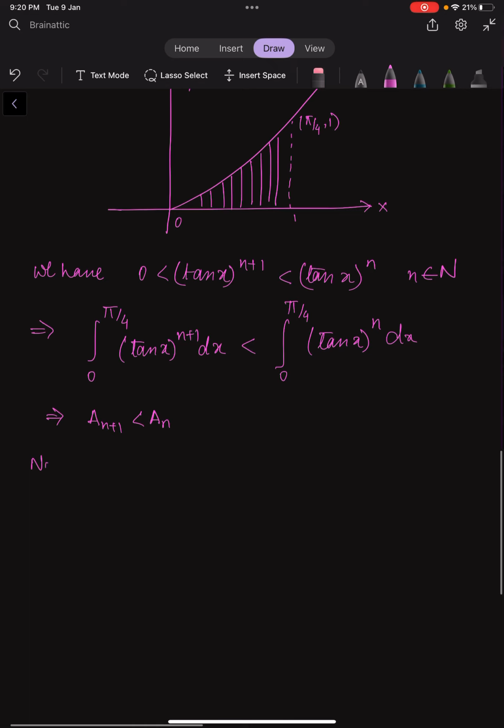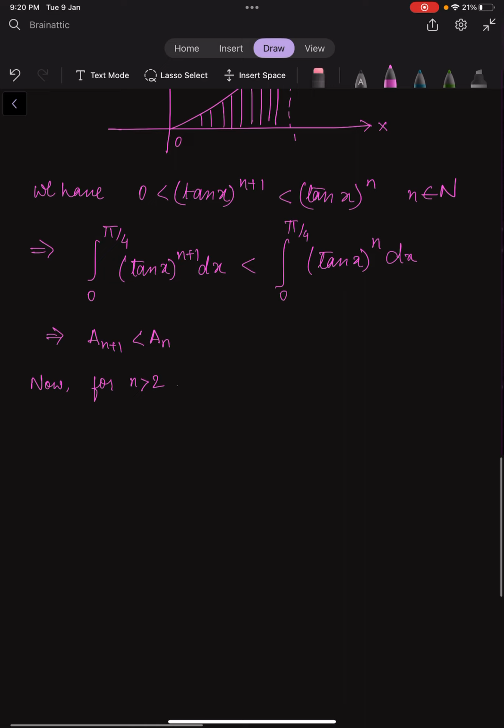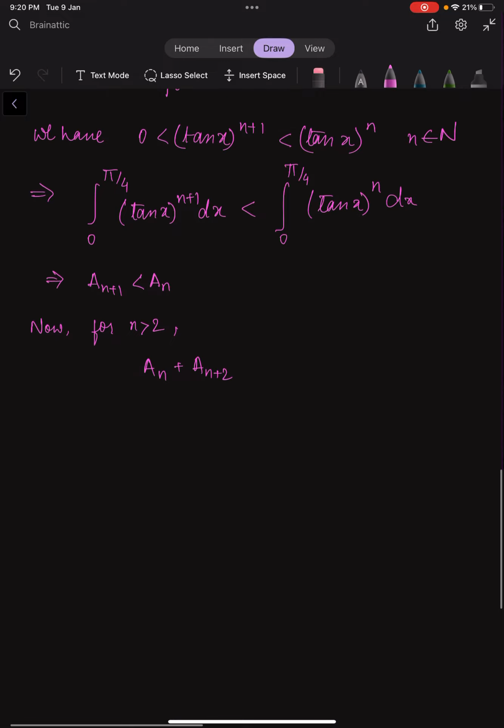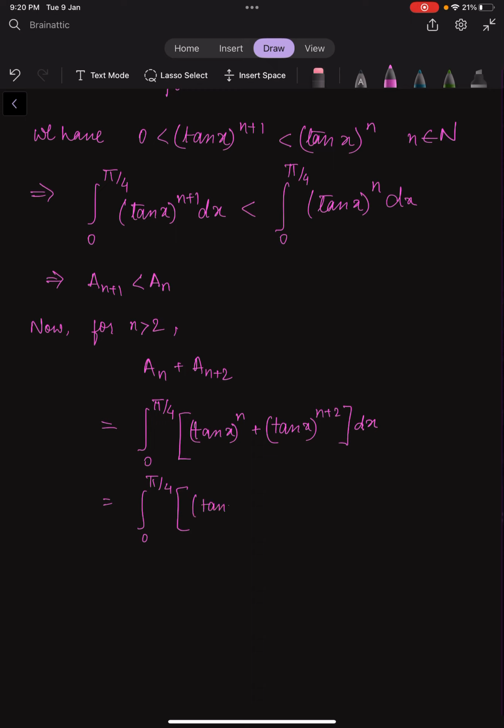Now for n greater than 2, we have to find An plus A(n+2). This, if you see, is fairly simple. It is the integral from 0 to pi by 4 of tan x to the power n plus tan x to the power n plus 2 dx. We'll take tan x to the power n common, and what we are left with is 1 plus tan square x dx.